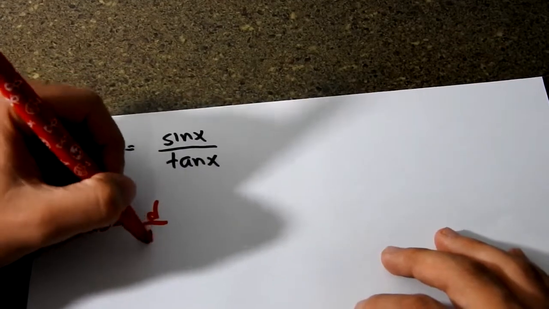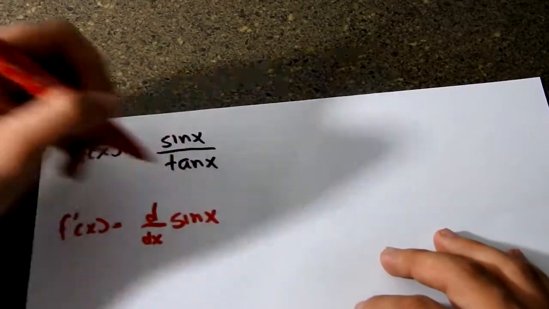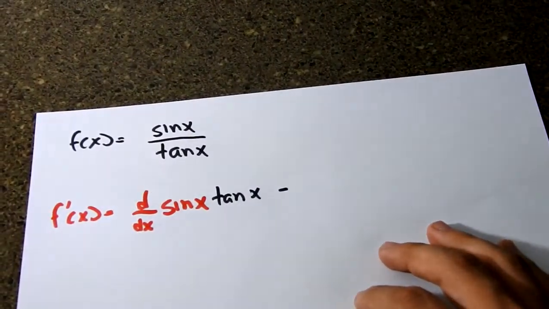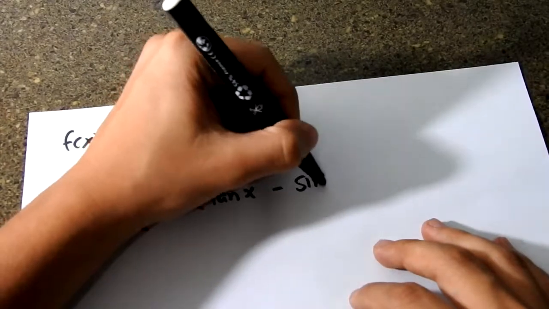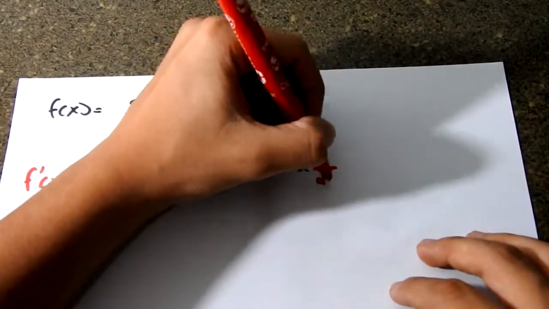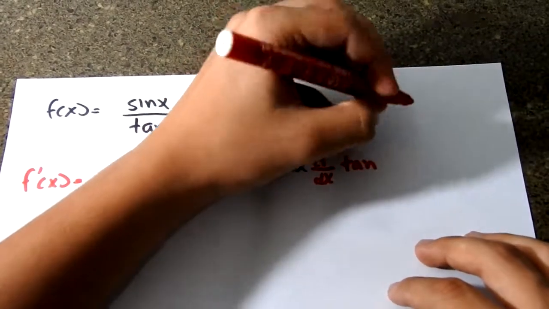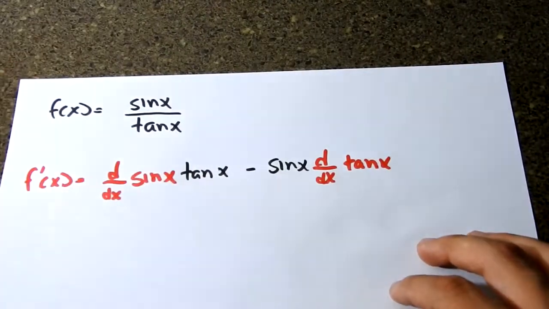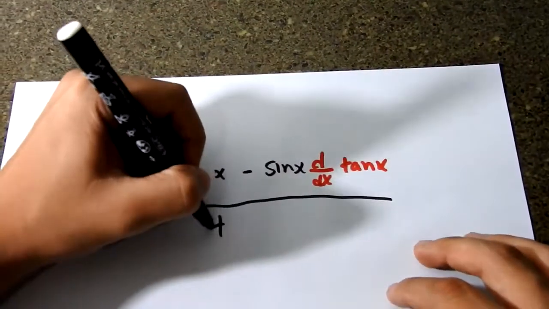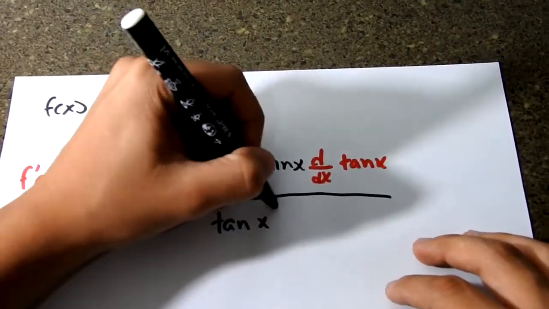We have d over dx of sine x times tangent x minus sine x times derivative of tangent x, and then all of this divided by tangent x squared.